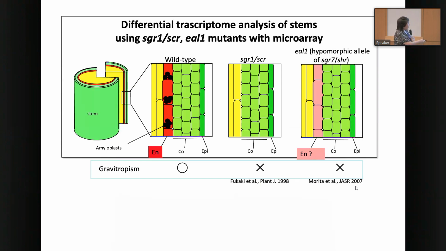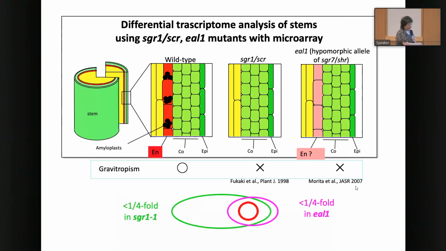And the EAL1 hypomorphic allele of SGR7 short root can form an endodermis-like cell layer, but it completely lacks gravitropic ability in stem. So we expected that we could concentrate the genes involved in gravitropism by extracting the genes down-regulated commonly in both mutants.